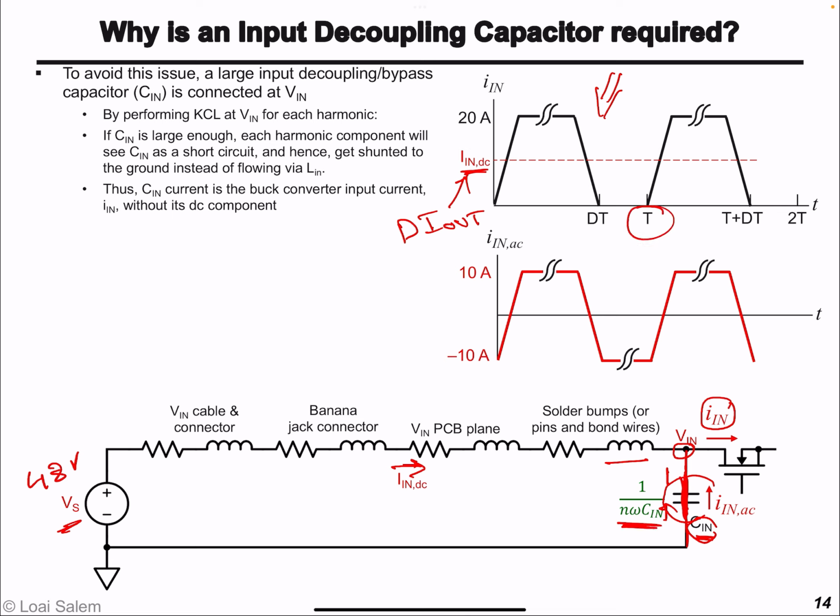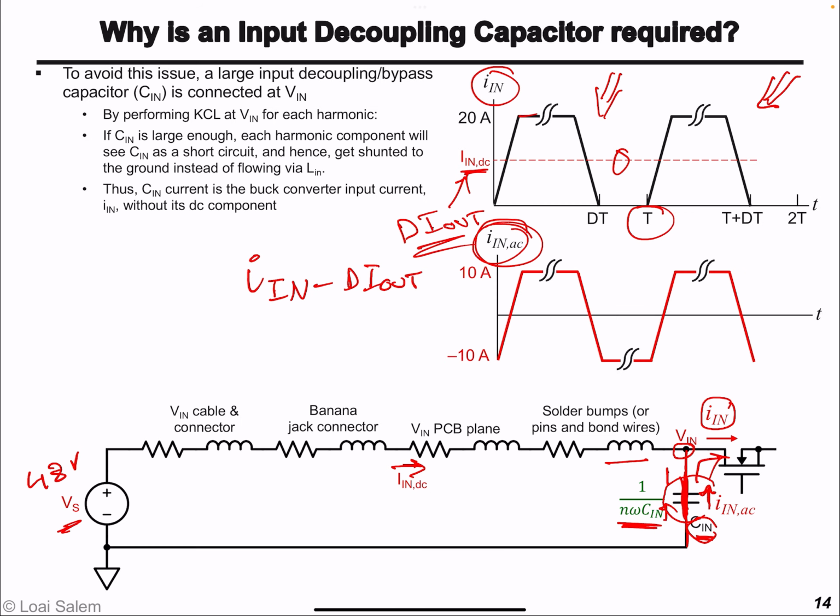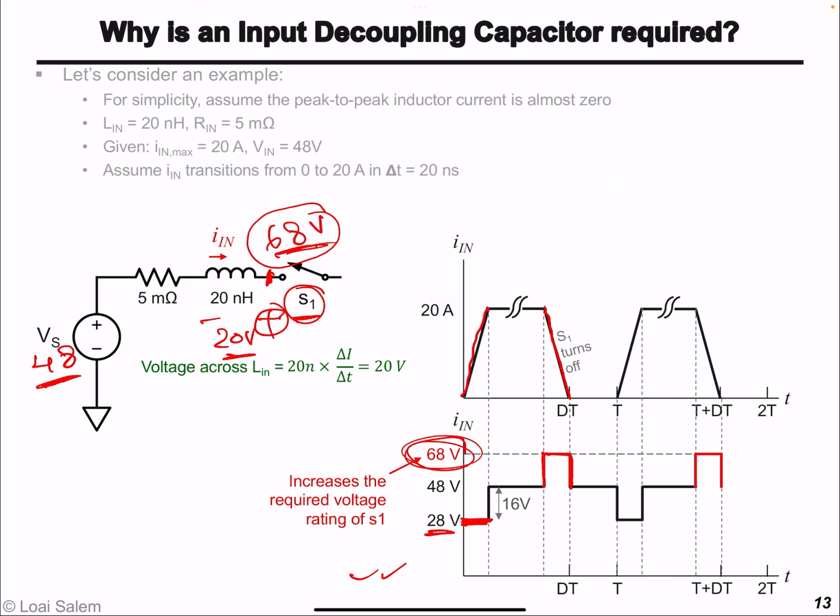So essentially Cin will shunt all of the harmonics of this input current, and so the current in the capacitor is the harmonic components of this waveform, which is essentially Iin, the input current, but without its DC component D Iout. So all we need to do to get the current in the capacitor is shift this waveform downward by this value.